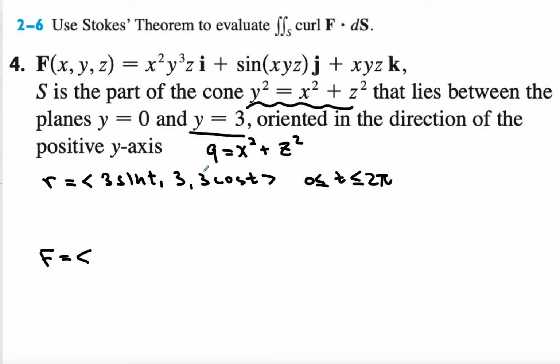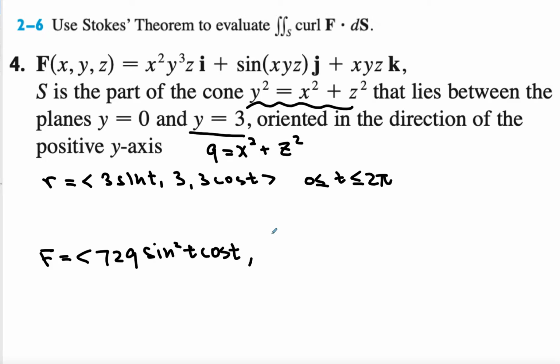So we get 3 to the 6th power, which is 729, and then sine has been squared, and we have cosine t. That's the first one.